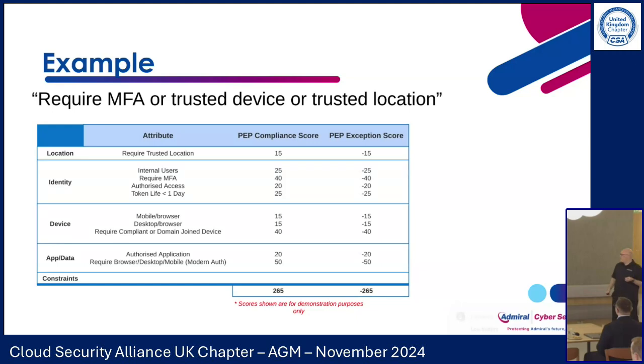So example here, I want to only allow access to an application if you pass MFA and your device is trusted or your location is trusted. Say I've got an application that does not work with MFA, right? For whatever reason, it breaks. Okay, cool, I'll just add that application to the exception for that policy. Well, the application will now work, but now it also can work from any device and any network, even if that was never the intent.